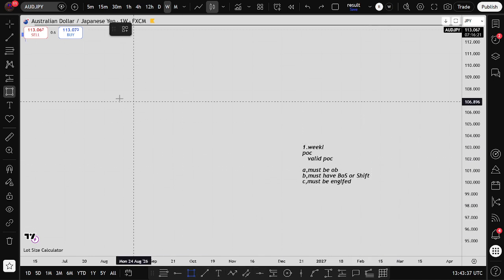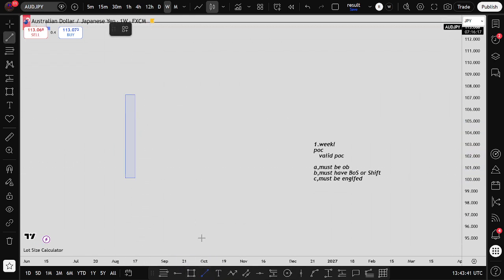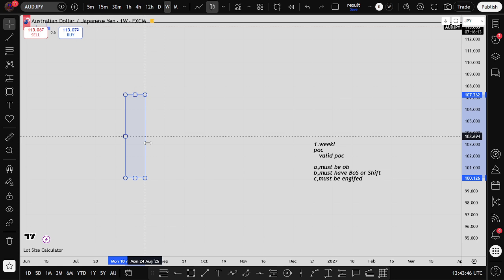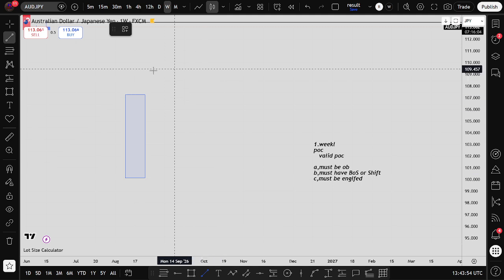Let me draw a new one. I want to get the middle so that I can get the rigs here. Something like this, I want this line.